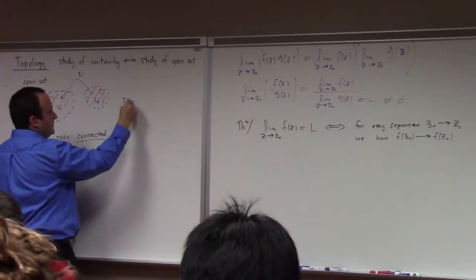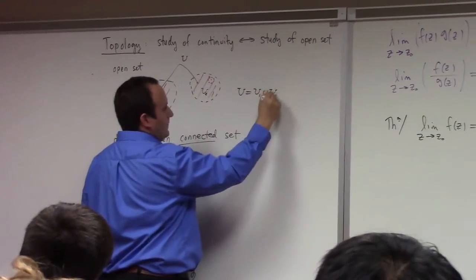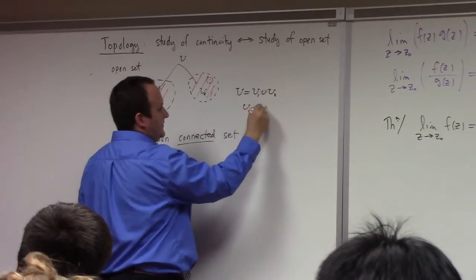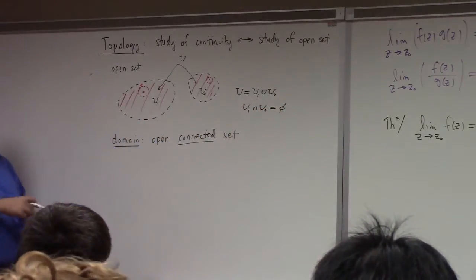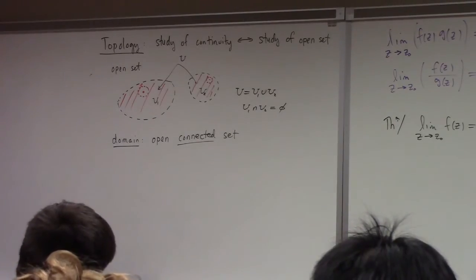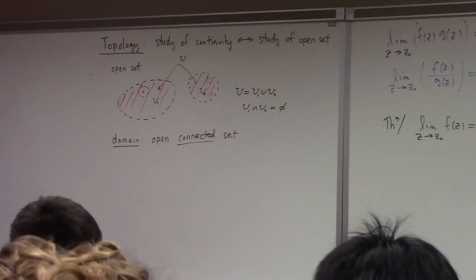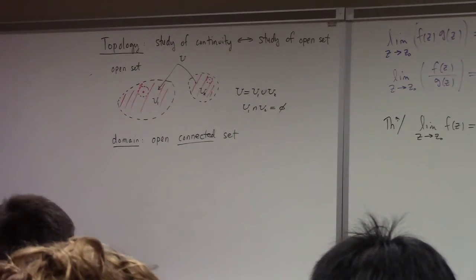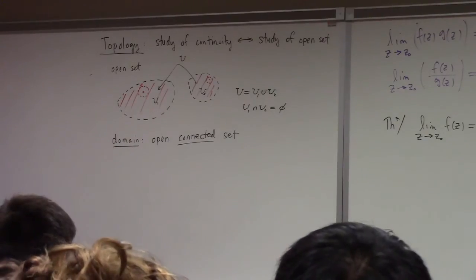I have U equal to the union of U1 and U2, right? But U1 intersect U2 is the empty set. So that's a separation of the set. So connected sets don't allow for a separation, but that's very set theoretic. We want to think more geometrically in here. So what's another way we could capture the notion of a set being connected?